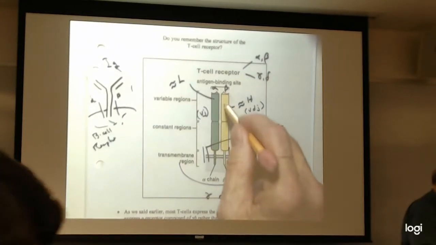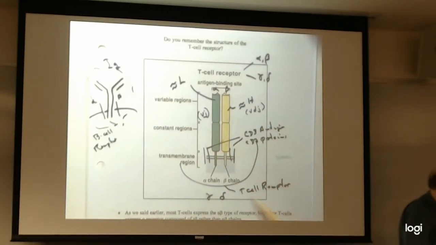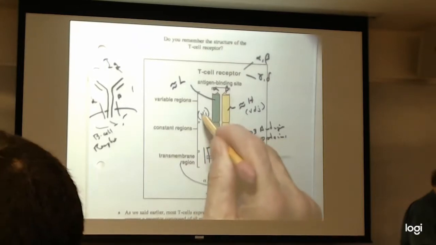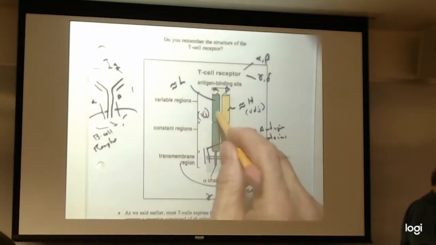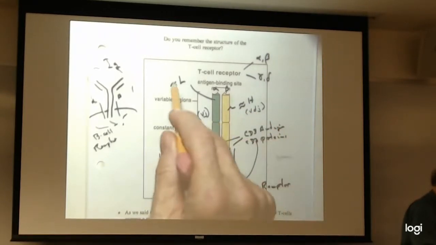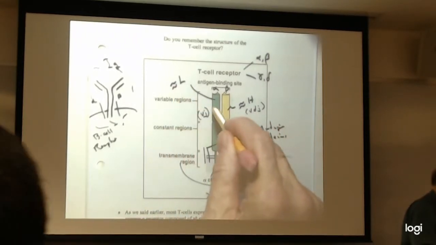This yellow one would be part of the arm, and it would continue on down to form part of the tail, right? And then the light chain on the arm would be just standing by itself, and so the alpha chain of a T cell receptor resembles the light chain of an antibody protein.